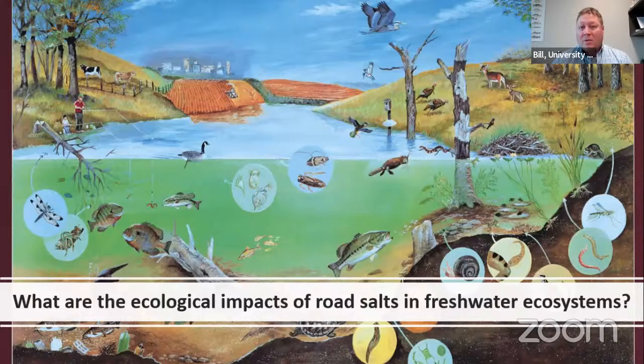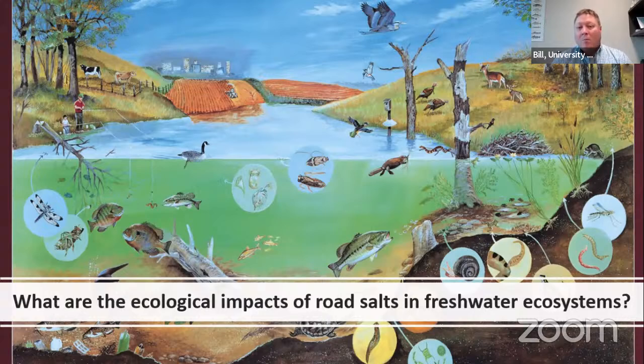Environmental concentrations are going up precipitously, and it's a wide variation, right? Some concentrations in lakes haven't changed all that much, some have gone up quite a bit. So in the environment, there's a wide range of salt concentrations, and now we want to know what those ecological impacts are. As I tell my ecology students, everything is interconnected.